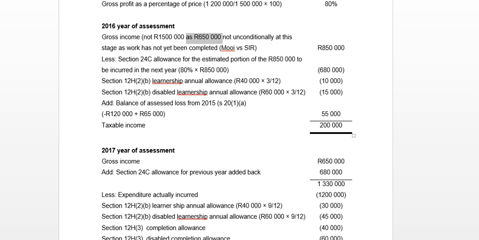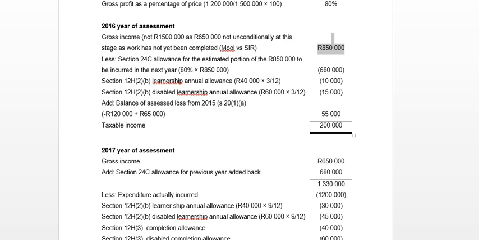There was still a condition in place, being that we need to complete this contract. So that's in terms of MOI versus the Commissioner of Revenue Services. Okay, so our gross income is only the 850,000 Rand.